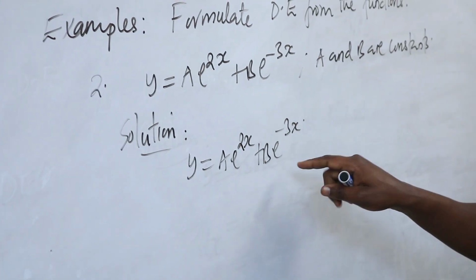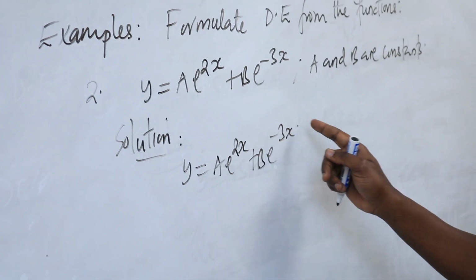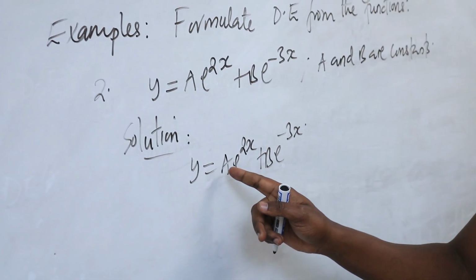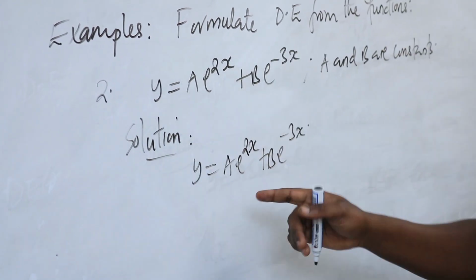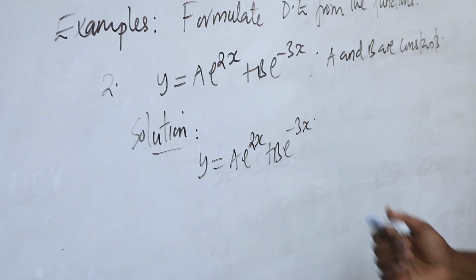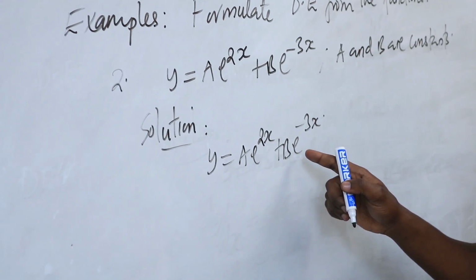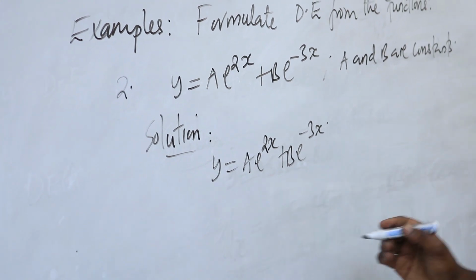We need to remove this exponential function, e raised to negative 3x or e raised to 2x, so as to have a free constant a or b. Once applying differentiation, it can be eliminated. So maybe we can choose to divide by e raised to negative 3x both sides to see what we have.